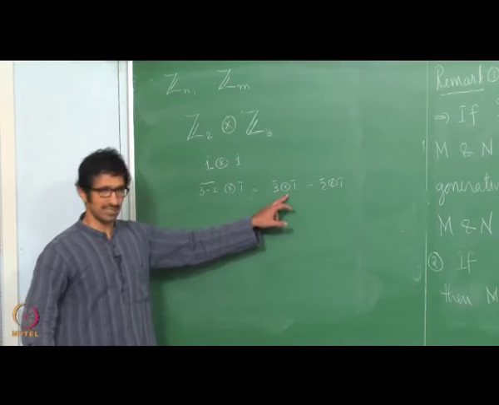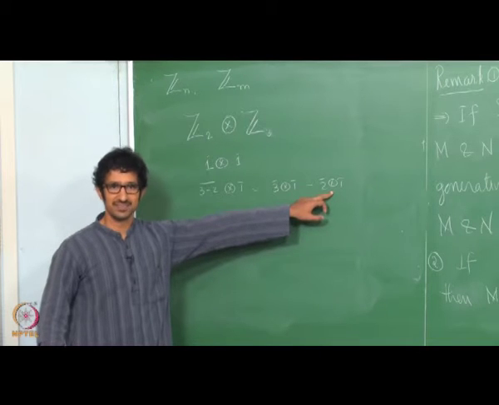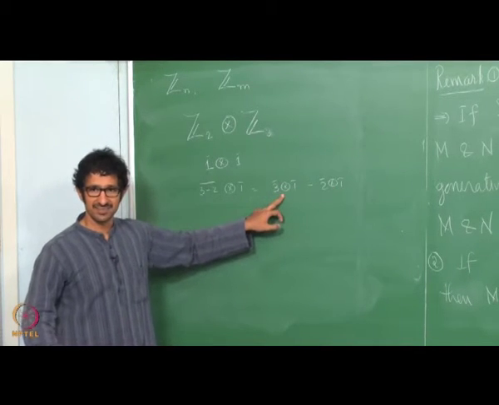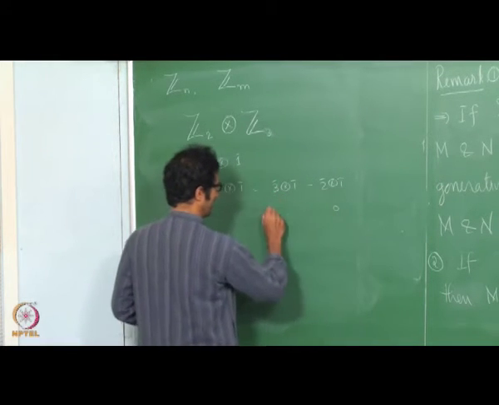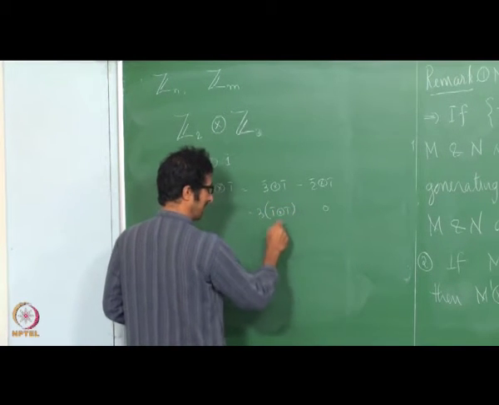What can you say about this element? What is 2 bar? 0. So this is 0, and this I can write as 3 times 1 bar tensor 1 bar.